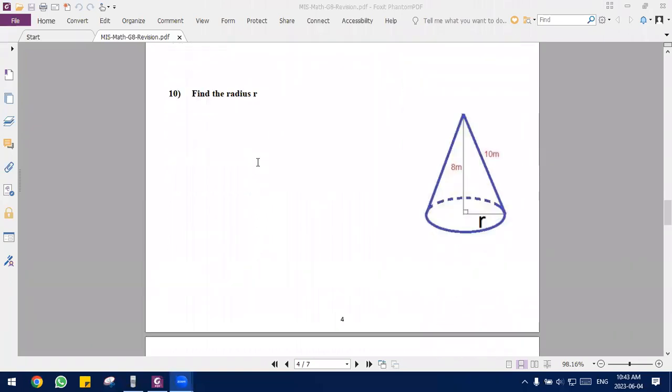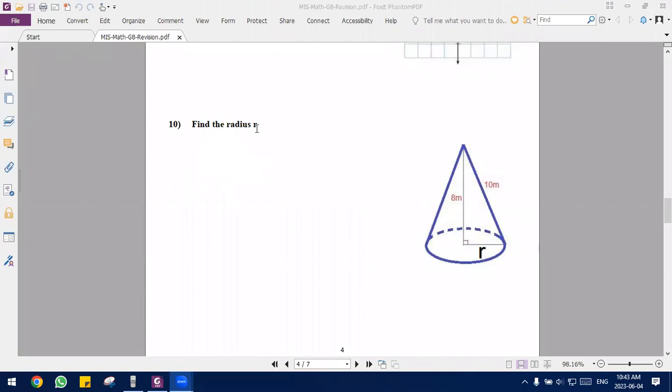Now, question number 10. Find the radius r. Now here, if you see in the cone, we have inside it a triangle. And that triangle has a right angle here. So here we can use Pythagoras theorem to find r.